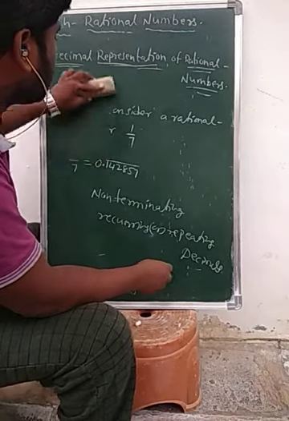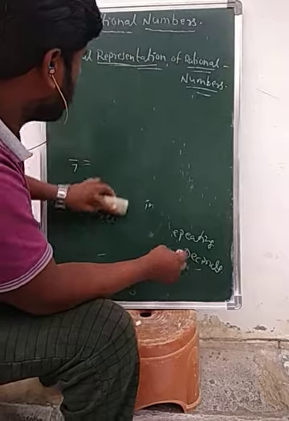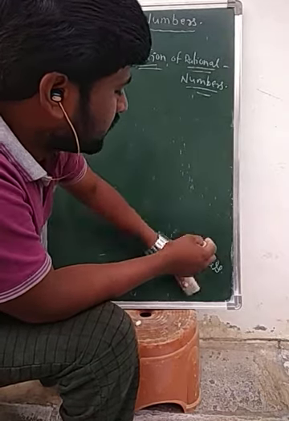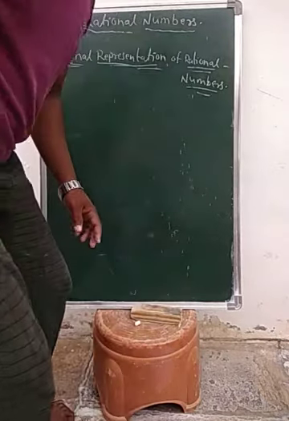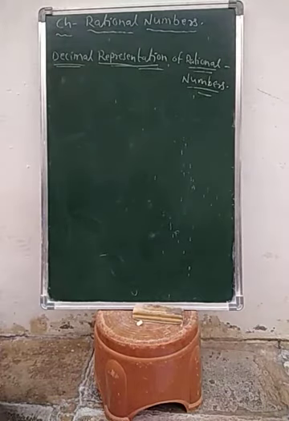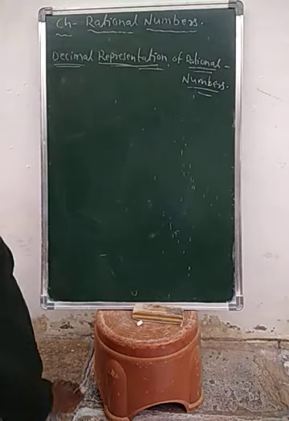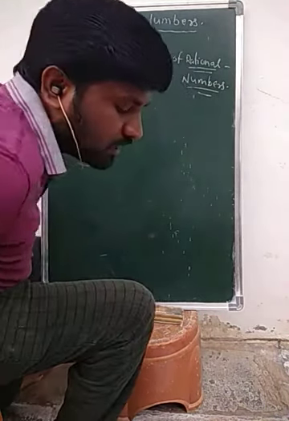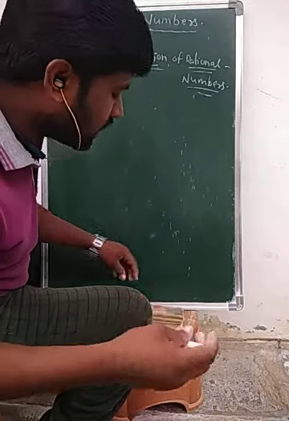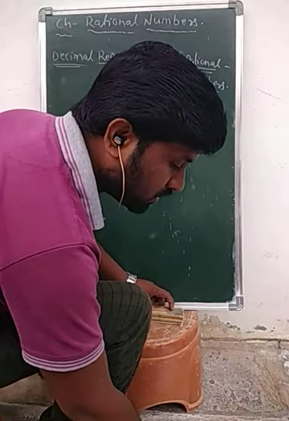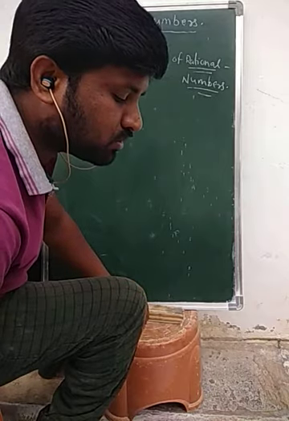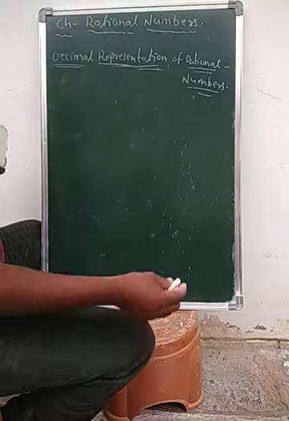Now, how to write terminating decimals in p/q form. Conversion of decimal form to rational form.